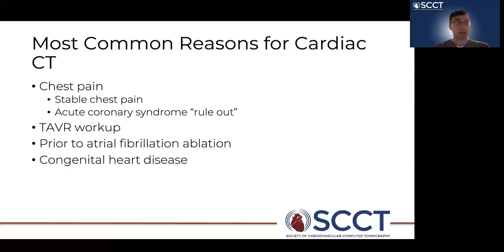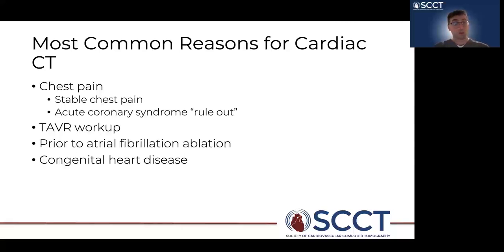Another is to make sure that the coronary ostia are not too close to where they're going to put the valve, or not too close to the base of the aortic annulus. And they also want to look at the access sites. So like the femoral arteries, for example, to see, is there a lot of plaque there, or are they able to fit their equipment through that vessel?